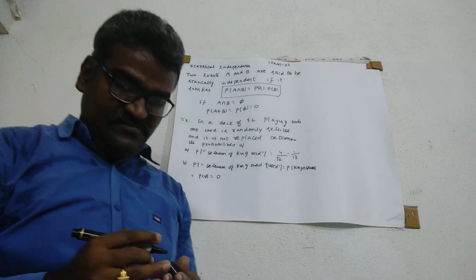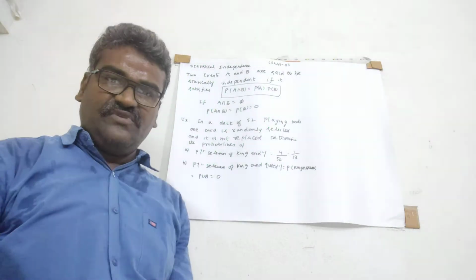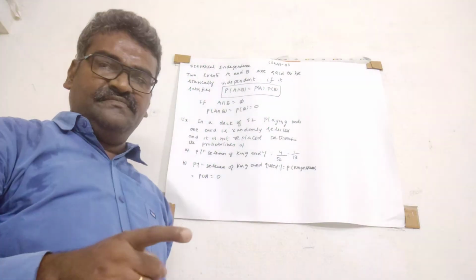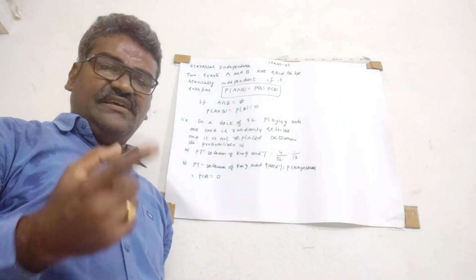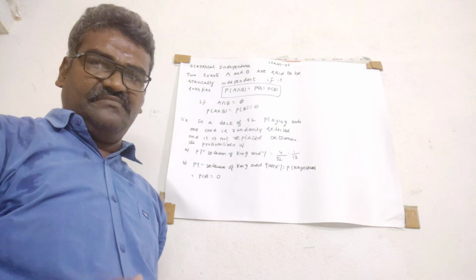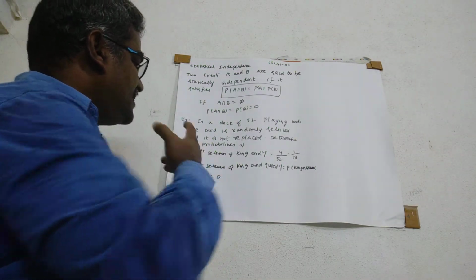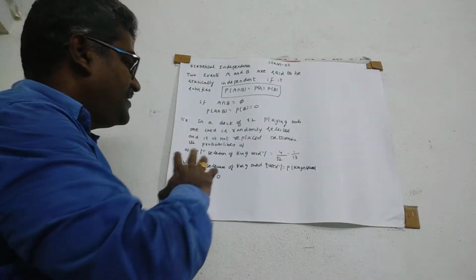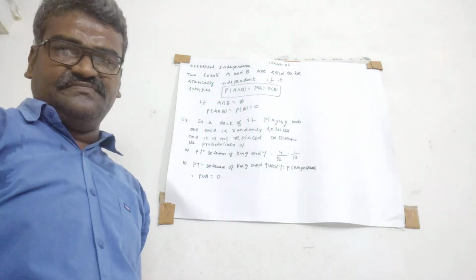Why? Because we are picking up only one card. In one pickup, either we can get a king or a queen, but we cannot have both happen at the same time. Hence, this is an impossible event, and the probability of an impossible event is equal to 0.